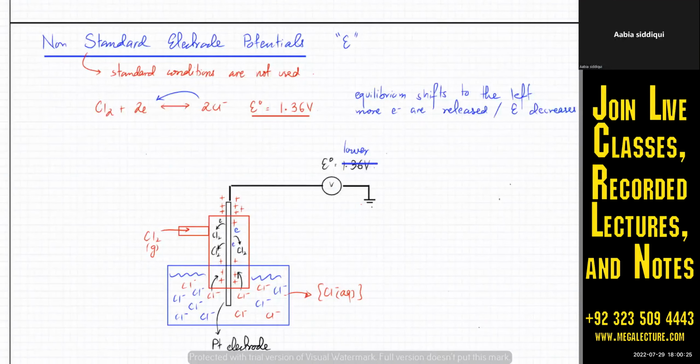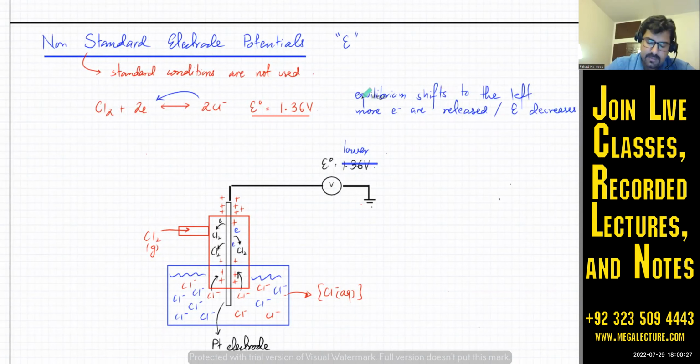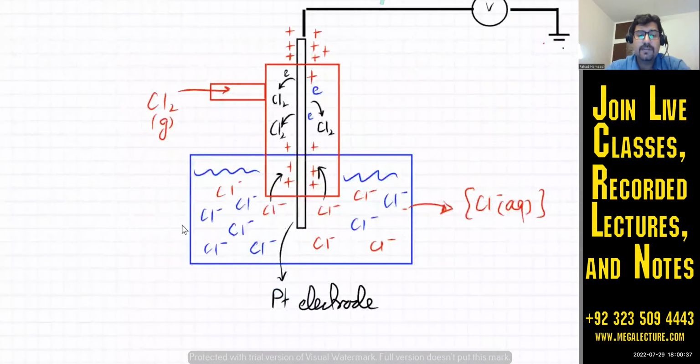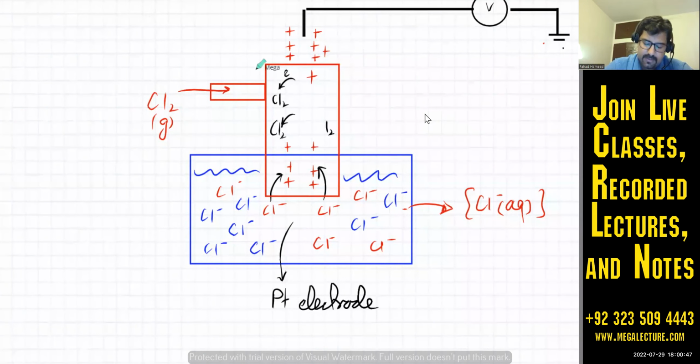Vice versa, if I somehow push this equilibrium to the right, then what's going to happen? How can I push it to the right? If I increase the concentration of Cl2, if I increase the pressure of Cl2, if I have more Cl2, right? If there are more Cl2 molecules, then those Cl2 molecules will start to gain electrons if I have more of them. So let's say there's another Cl2.